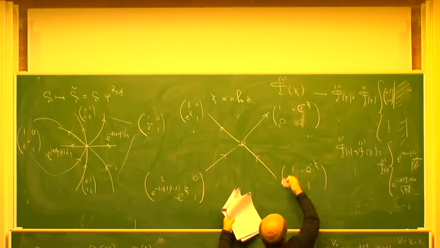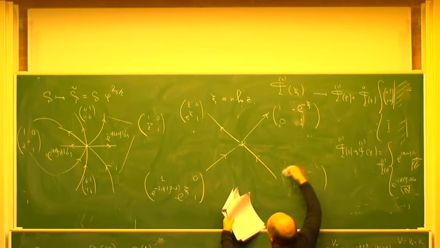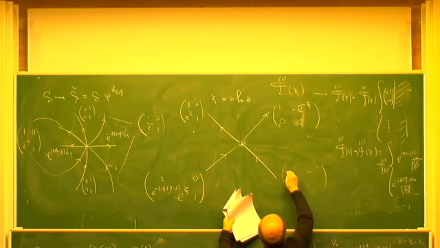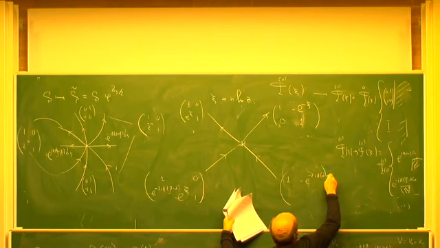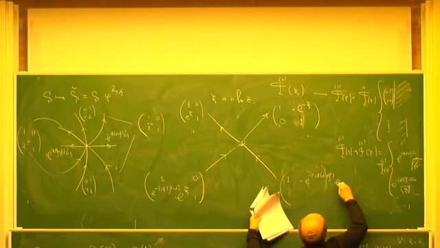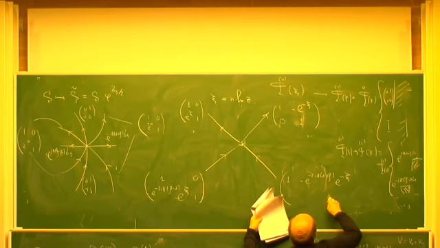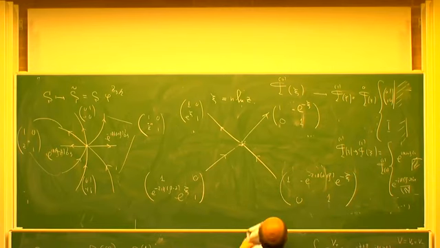And here I would have 1 minus e to the minus 2i pi alpha plus beta, e to the minus zeta. That's what I will change here.